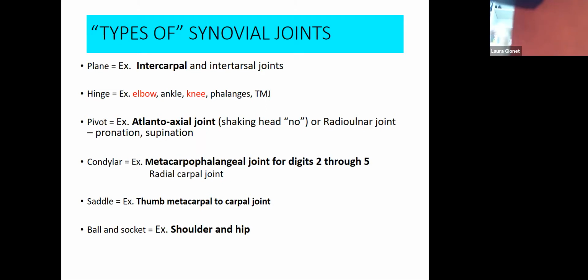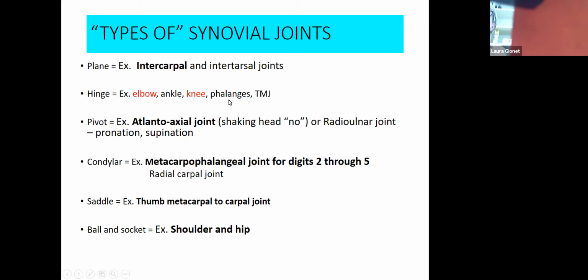Hinge joints are pretty easy. When you flex and extend the elbow, and flex and extend the knee. That's why I put those in red. Those are the best ones, because it's really easy to say that that's a hinge, and it pretty much moves only in that particular direction, and one bone pivots around the other.